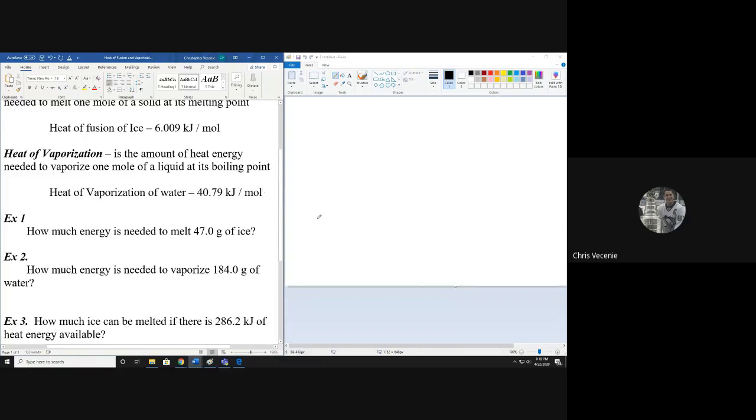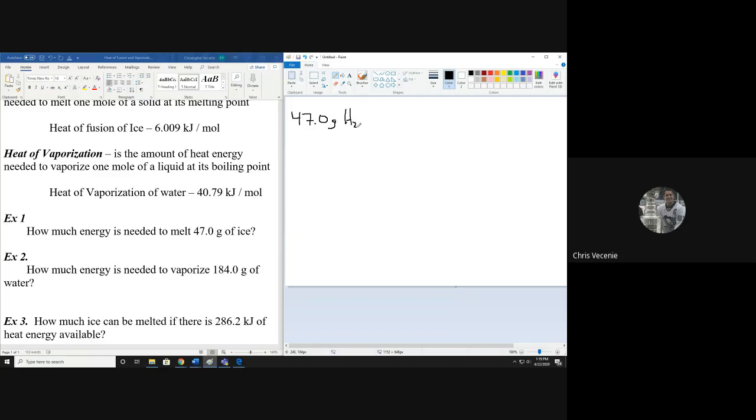So if I look at this first example that says how much energy is needed to melt 47.0 grams of ice, right? I'm trying to get energy, and my unit of energy is kilojoules. So I'm going to start with what I'm given, which is the 47.0 grams of water.